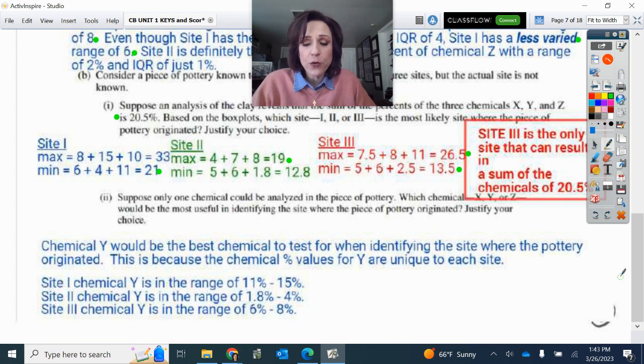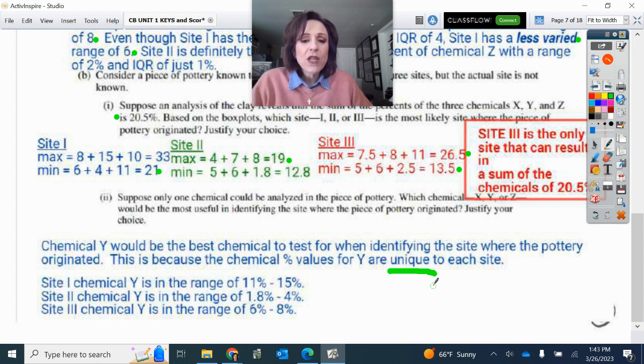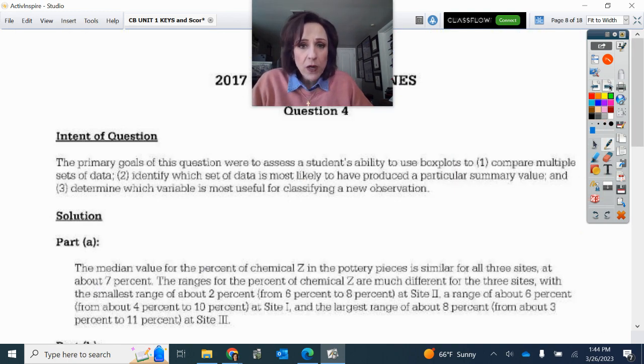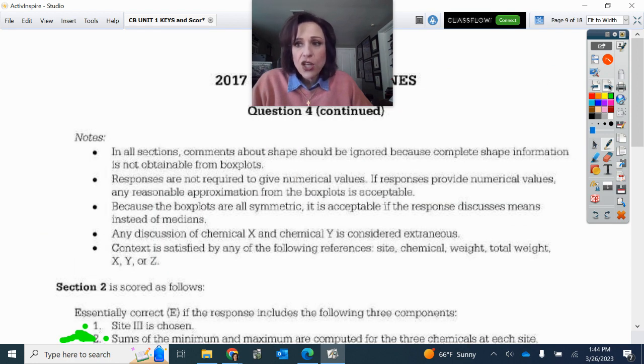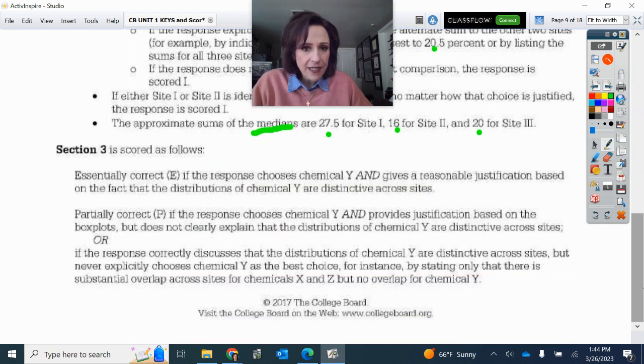And the reason you had to state something to this effect: the chemical Y was distinct, unique, different at each one of the three sites. So I went into details about it because I'm always wanting to provide more details to make sure I've covered my bases. But there was no overlap in the amounts of chemicals. So those kinds of words would get you credit: distinct, unique, no overlap, different for every single site, that kind of thing.